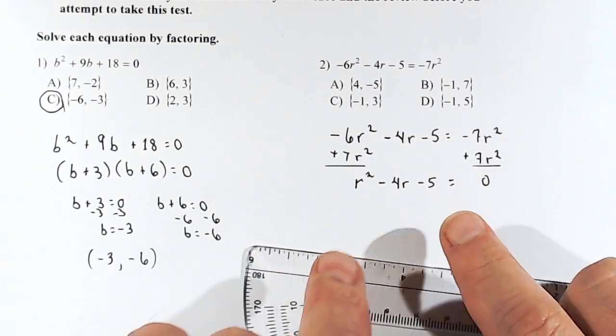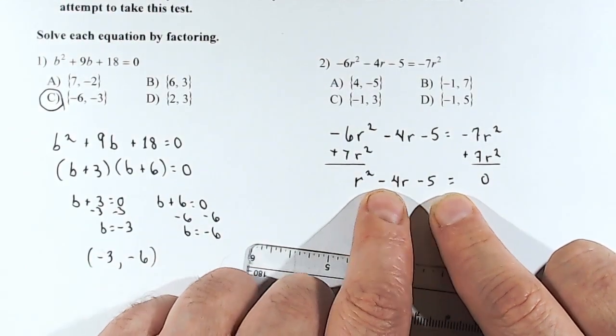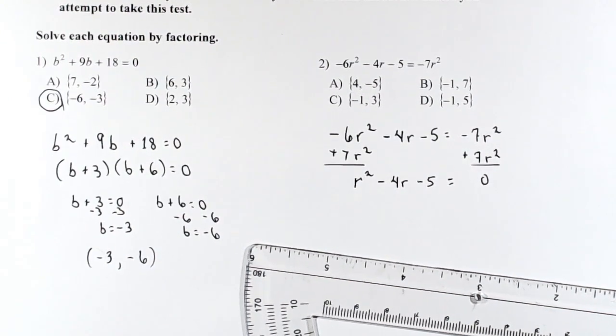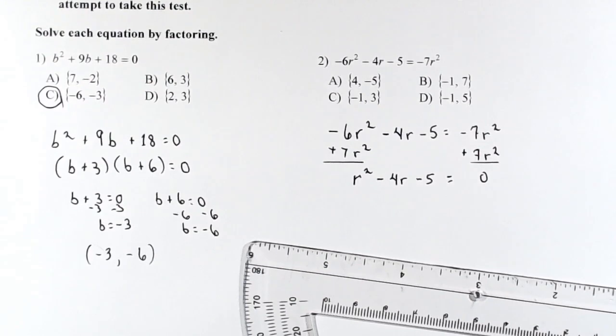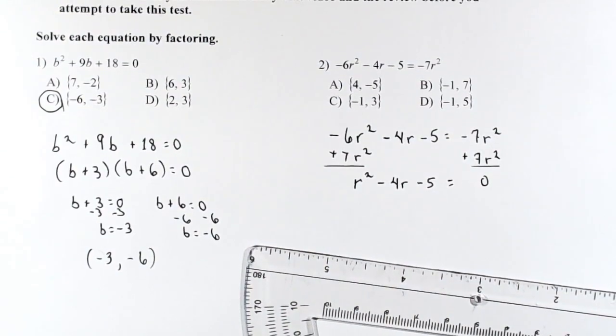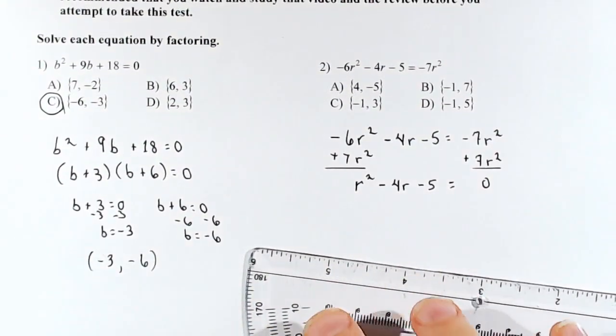Let me back up here. We're trying to find two numbers that add to be the middle term and multiply to be the last term. They're going to be positive 1 and negative 5, because when you add them together you get negative 4, which is the middle term, and when you multiply them you get negative 5, which is the last term.